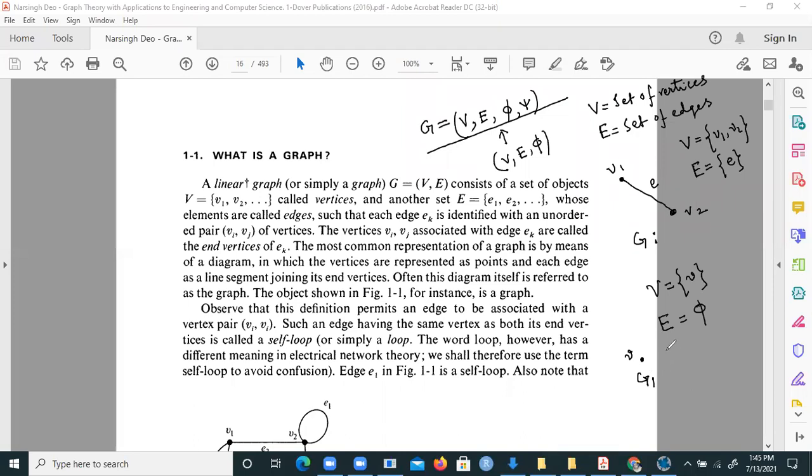Sometimes this type of graph, where no edge is present, is also called a null graph. And this particular vertex which I have drawn for the graph G1 is called an isolated vertex.